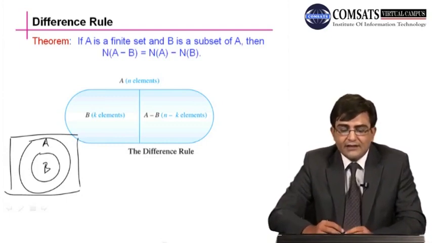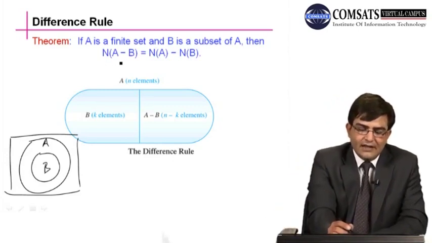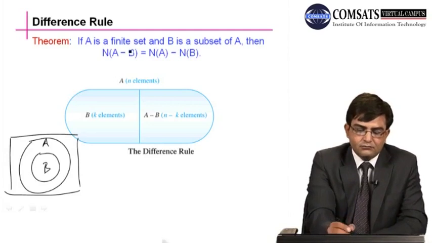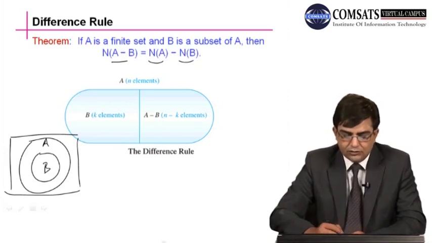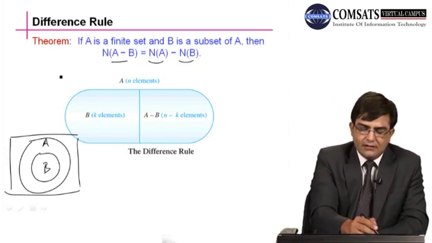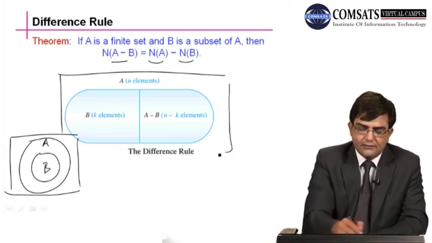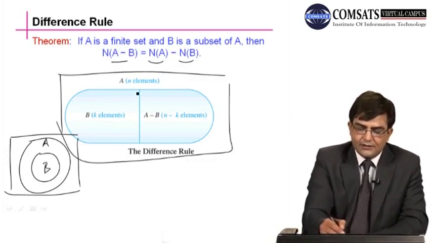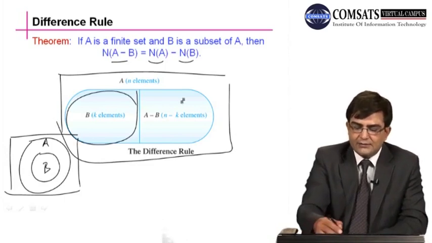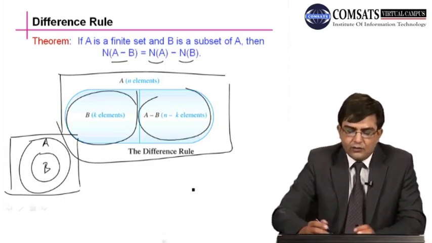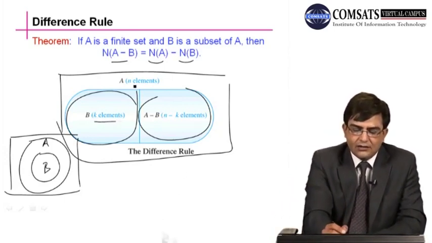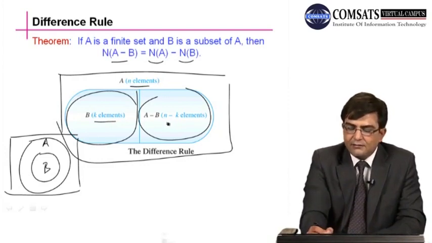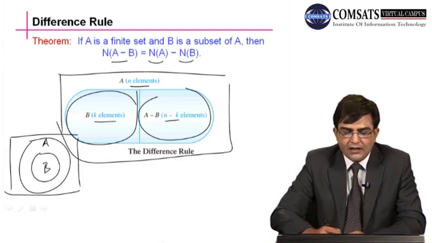If A is any finite set and B is a subset of A, then the number of elements in A minus B is the number of elements in A minus the number of elements in B. If B contains k elements and A contains n elements, then A minus B contains n minus k elements. This is the difference rule.